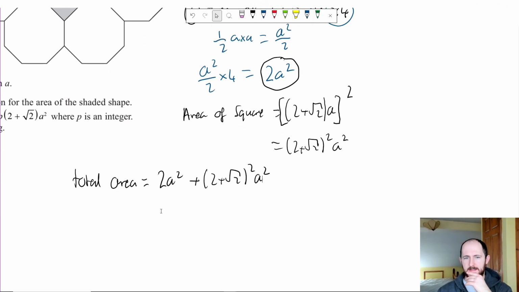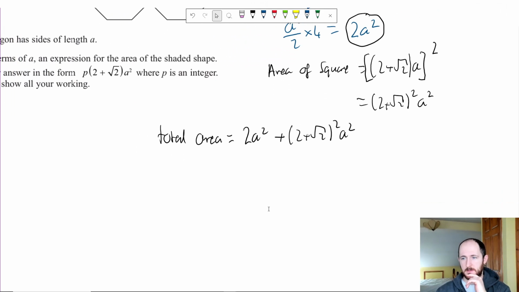Now if I'm looking at this, I'm thinking of 2 different things at the moment. What would be smart? I'm going to expand this bracket. So just so you're aware, it's a bit of fancy algebra, but I could factorise out a squared.